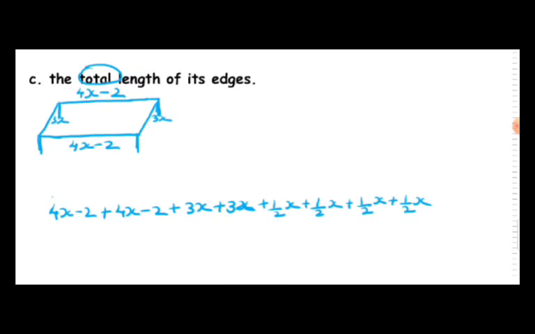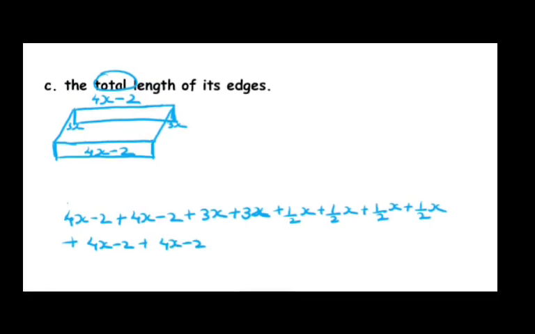Again, I will have to draw the length, one length and the second length. So that means another plus 4x minus 2 plus 4x minus 2. Then the width, which is 3x and 3x. So plus 3x plus 3x. Here we go. So total, that means add up all.